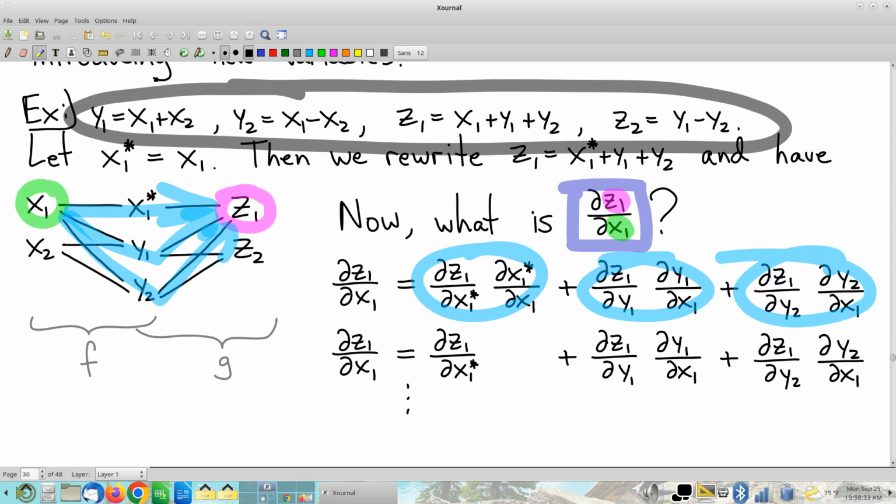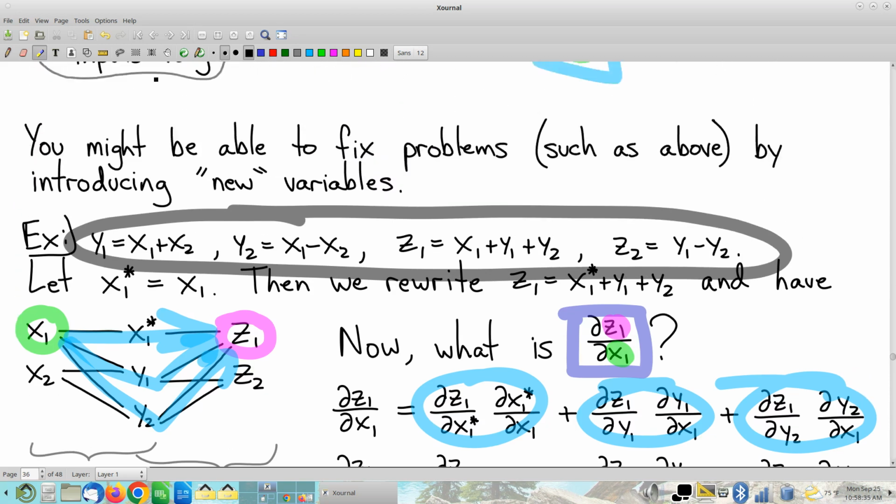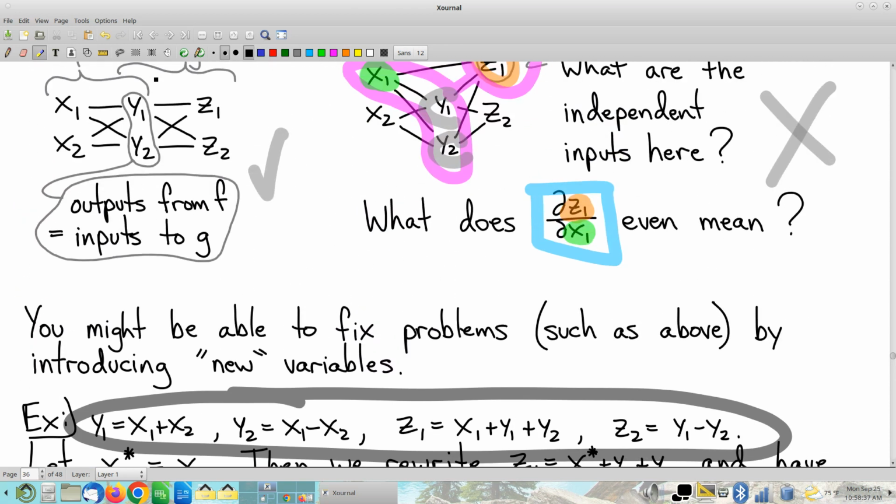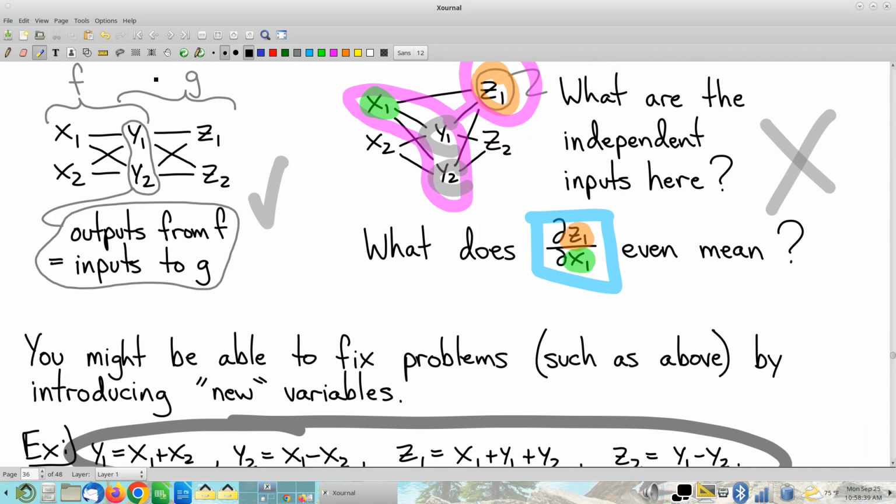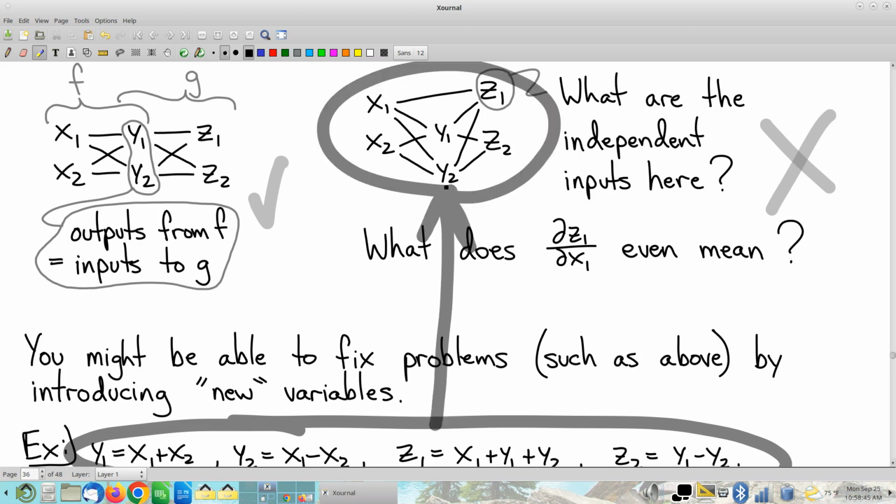The very first thing you're going to write down when you see that list of equations is you're going to find yourself looking at a diagram kind of like this. And then you're going to realize I can't apply the chain rule to that. That's not a composition of functions. And so then you pull this little move and introduce a new variable as needed to fix it, and then go about your business. Okay.